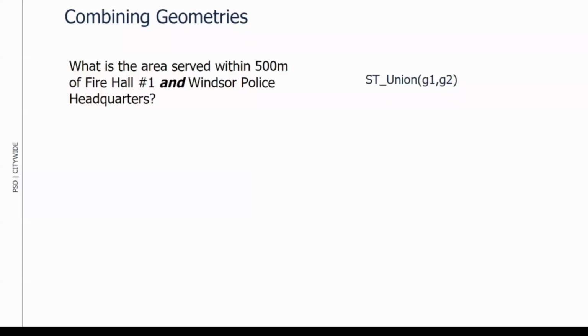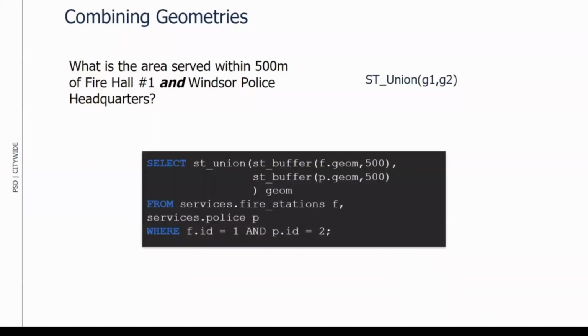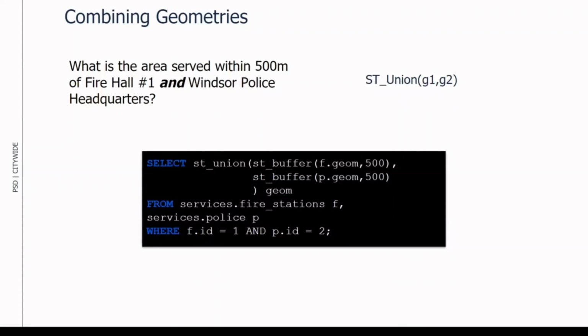That will union the two geometries into one. So with select ST_Union, we're going to also use another function, ST_Buffer, which does exactly what you think. It takes a geometry and you tell it how much you want to buffer that geometry by, and it will run that analysis for you. So we're going to do an ST_Union on the buffer geometry of the fire stations and the buffer geometries of the police station.